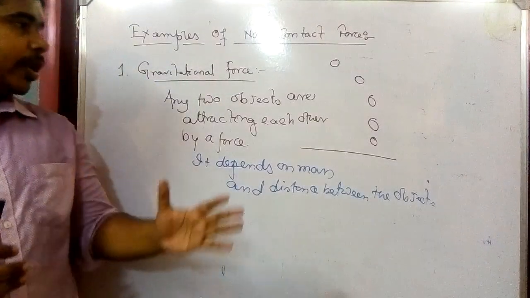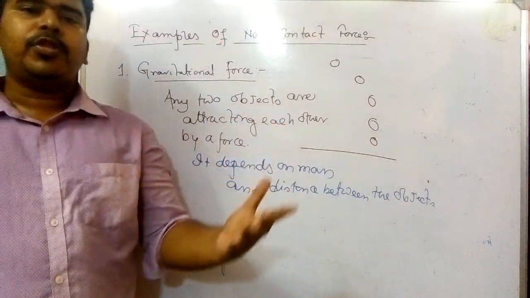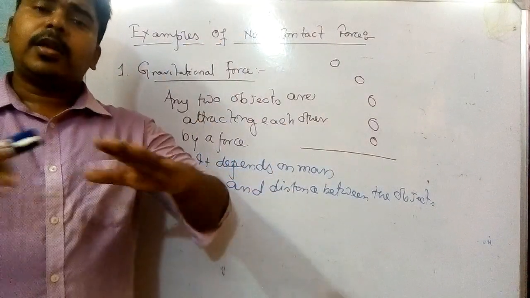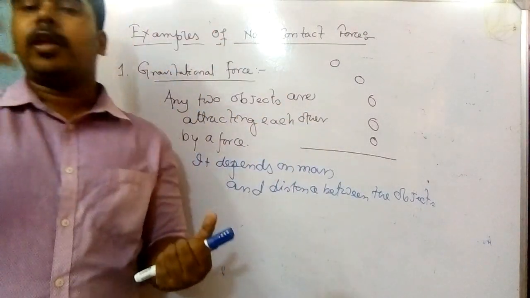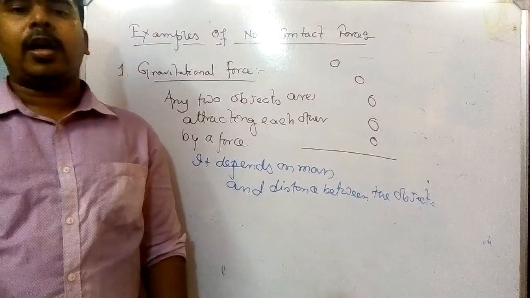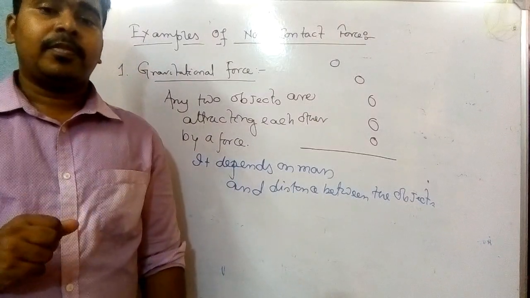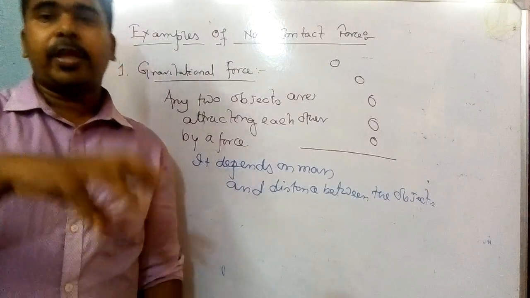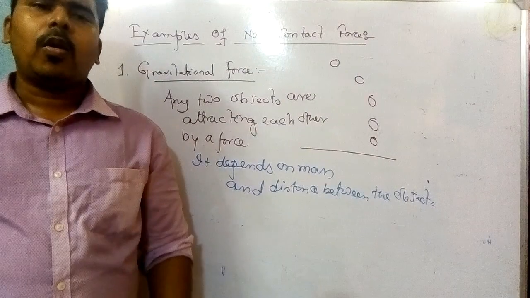So when we are talking about gravitational force, it is not only the force between Earth and an object over the surface of the Earth, but the force between all the heavenly bodies: Earth and Moon, Moon and Sun, Sun and Earth, Jupiter and Sun, Uranus and Sun, and whatever satellites are there.